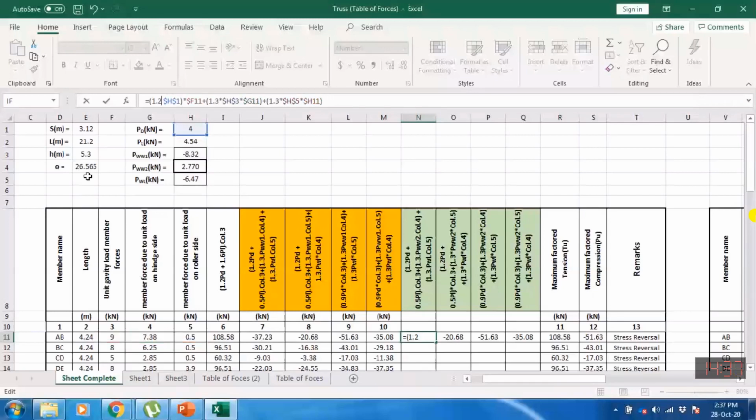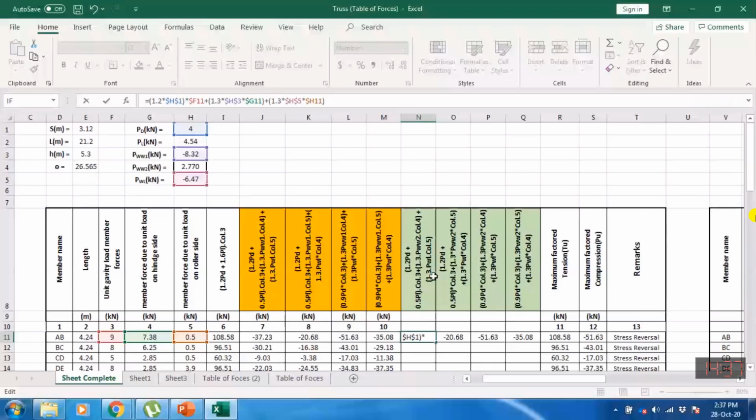1.2 multiplied by this dead load, this is H441. So if we are having string on both sides, this cell will be fixed. And then it is multiplied with 0.5.